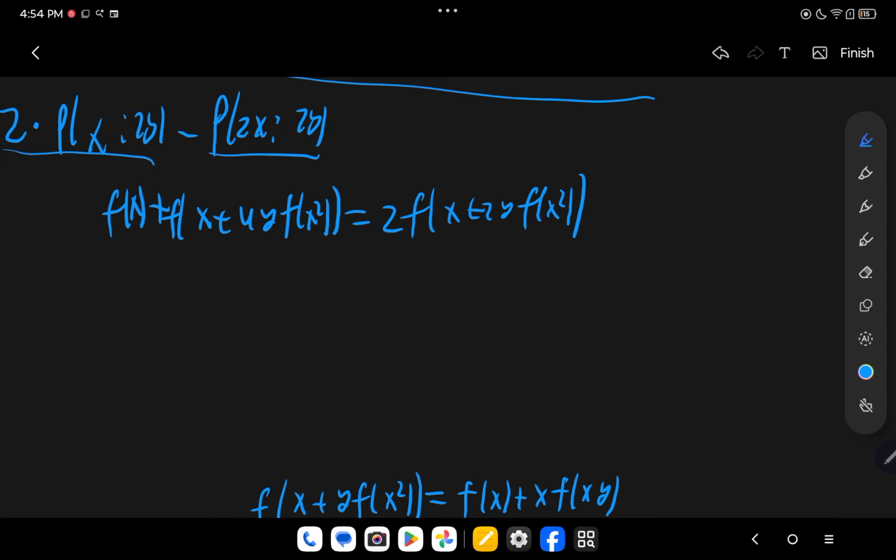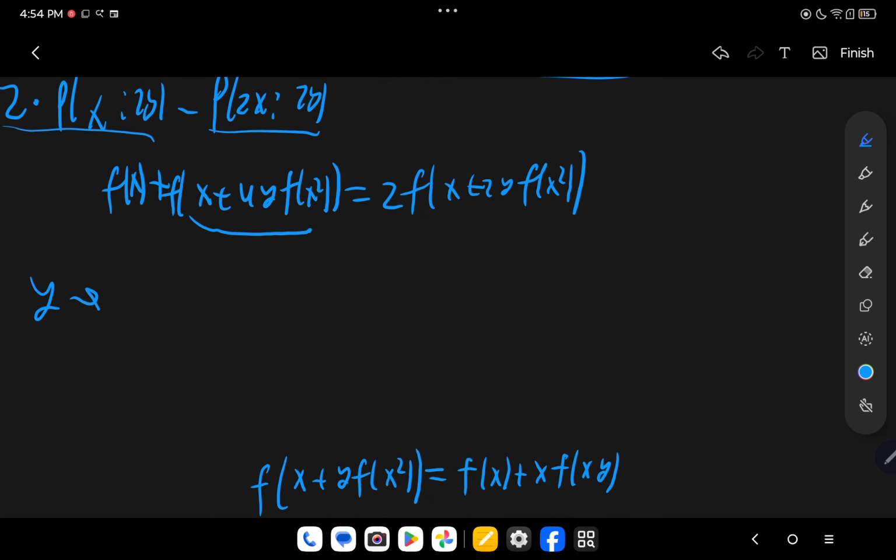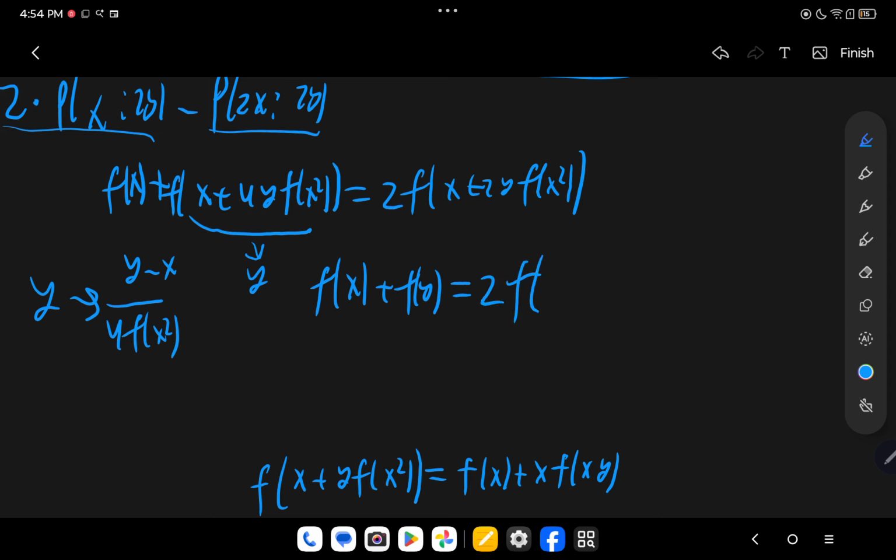And here, notice that we can replace y with y minus x divided by 4f(x) squared, and this becomes y, so we get that f(x) plus f(y) is equal to 2 times f((x plus y) divided by 2). But we know that this is equal to f(x plus y).